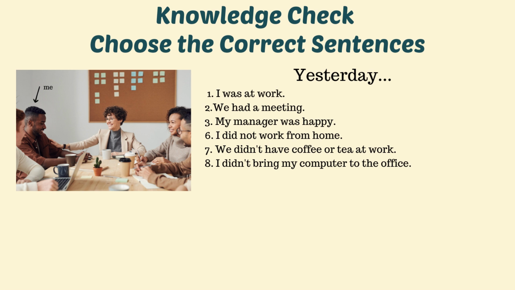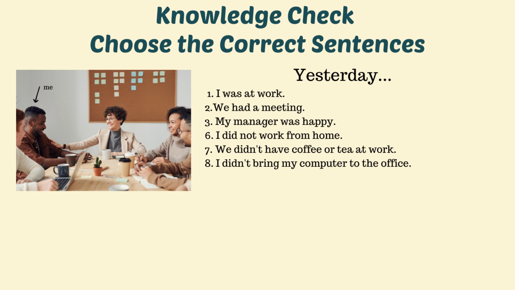Knowledge check. Choose the correct sentences. Yesterday, number 1, I was at work. We had a meeting. My manager was happy. I did not work from home. We didn't have coffee or tea at work. I didn't bring my computer to the office.